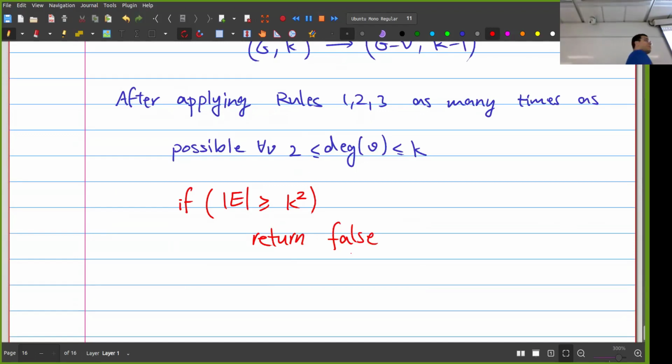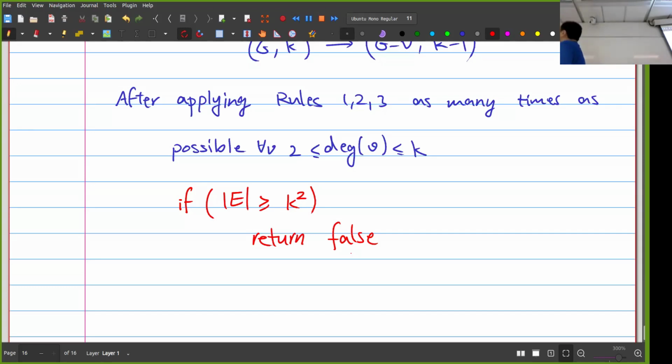Otherwise, I'm now in a very small graph. I'm in a graph in which the degree of every vertex is between 2 and k, and I also have at most k squared edges. I was assuming that k is a small constant, so my graph has very few edges now. It has only k squared edges. How many vertices can it have?